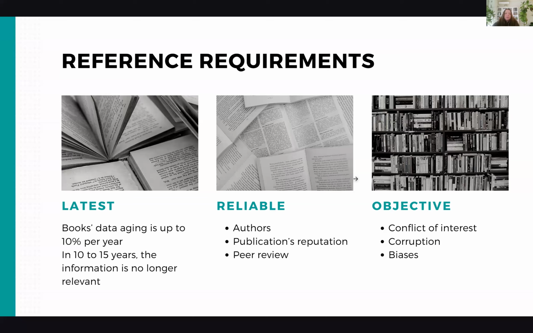And our third requirement is that your sources or references should be objective. It's a bit harder to judge if the sources are objective than if they are reliable. But here are a few ideas of what you can check. There should be no conflict of interest, no corruption, and no biases. So what does it mean for your research?